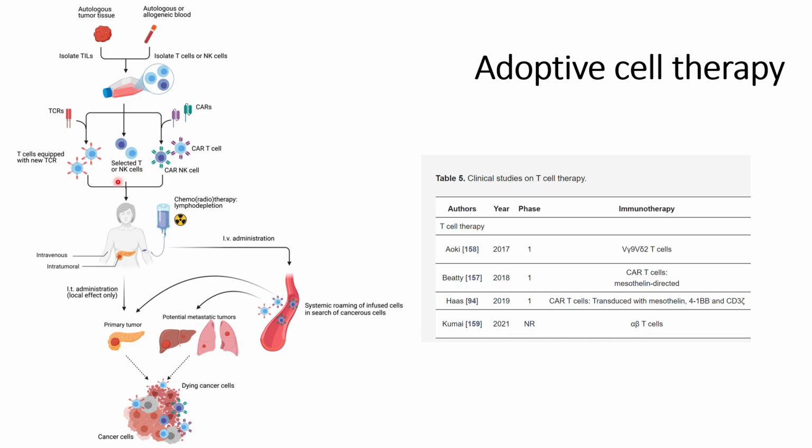After that they will be cultured in vitro, and then they will be transfused into the patient either intravenously or intratumorally, directly into the tumor or into the blood, where they will detect and attack the tumor cells.